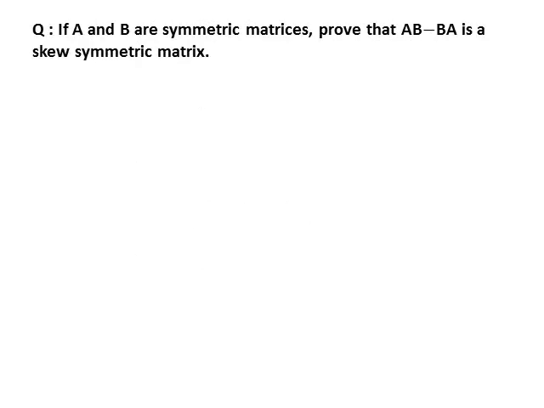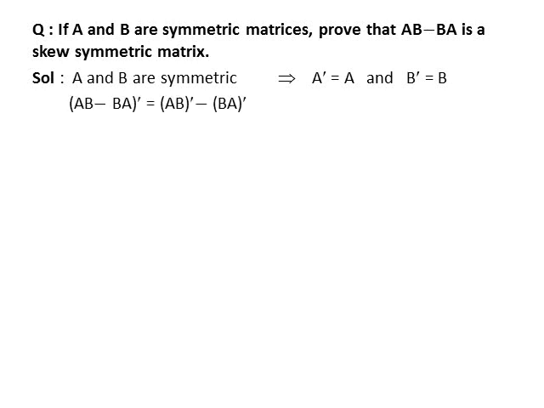Moving to the next question: if A and B are symmetric matrices, prove that AB minus BA is a skew symmetric matrix. As A and B are symmetric, it means A transpose equals A and B transpose equals B. To prove that AB minus BA is skew symmetric, first take the transpose of AB minus BA. Using the third property of transpose, we write it as AB transpose minus BA transpose.